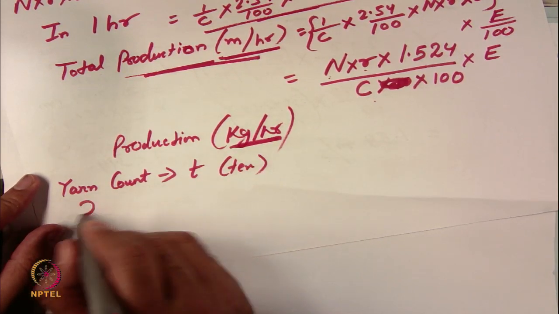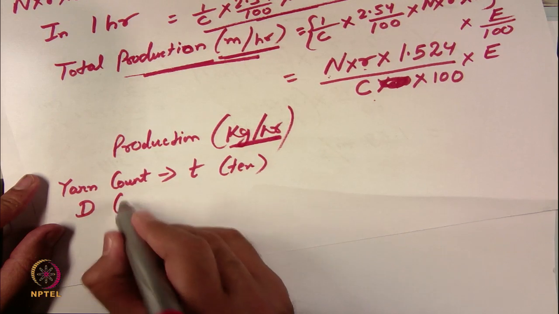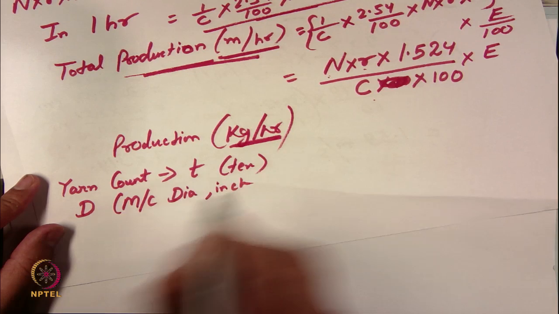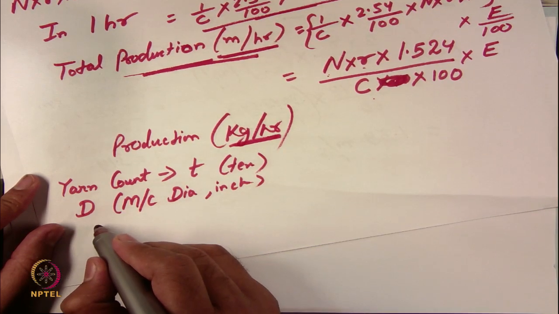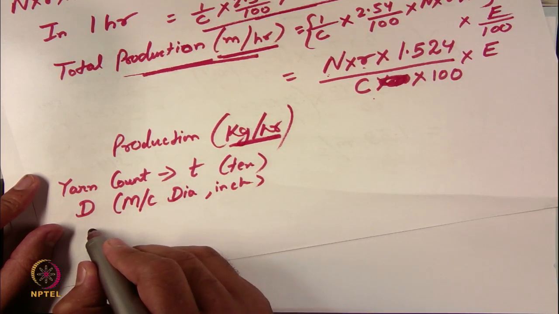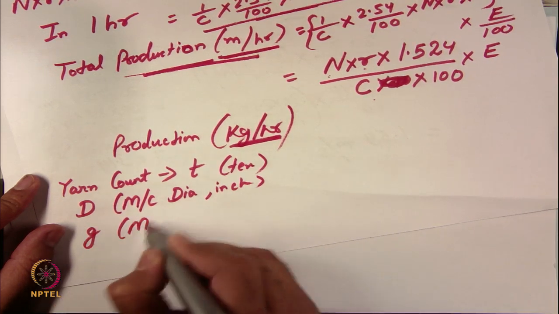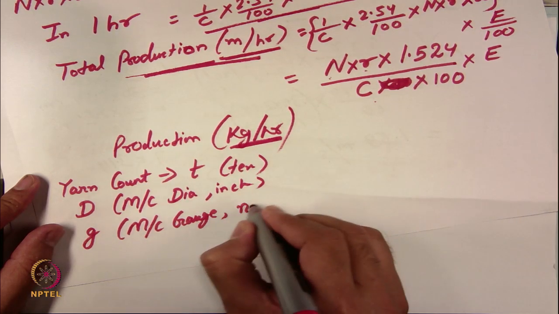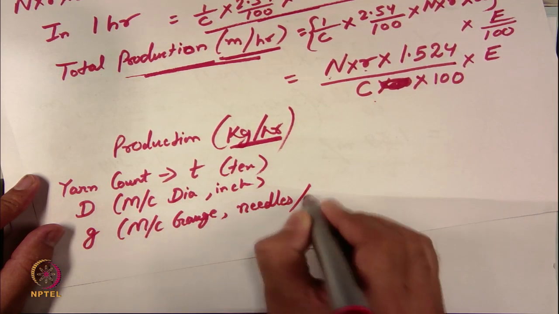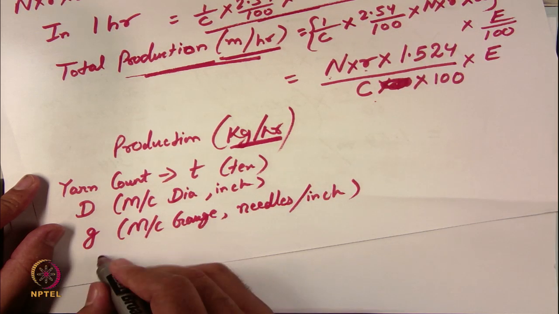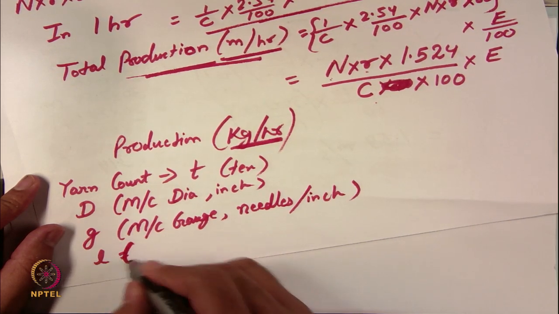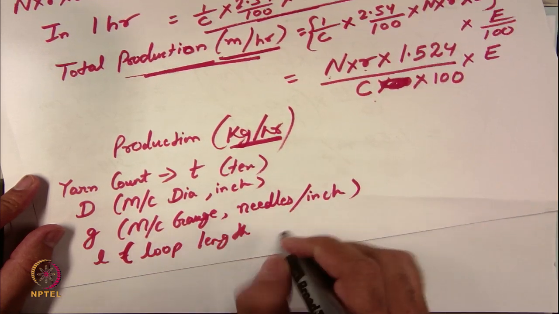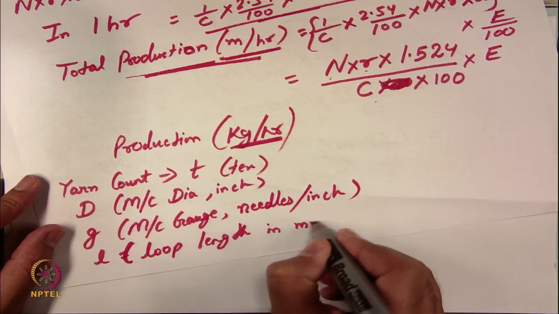You also want to know machine diameter in inch, and G is the machine gauge, needles per inch, and L is the loop length in mm.